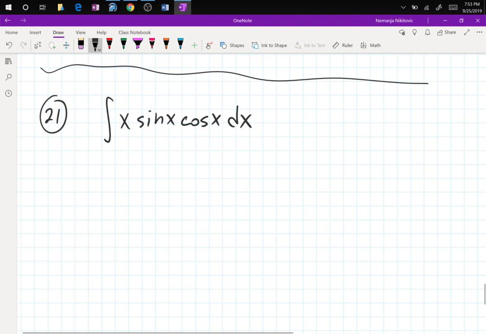Yeah, you're doing integration by parts, of course. No, it's different.